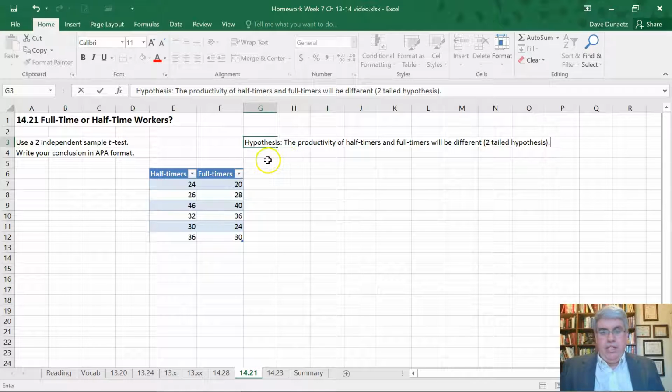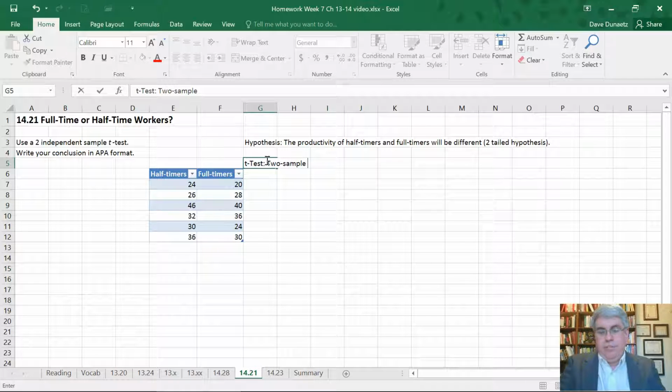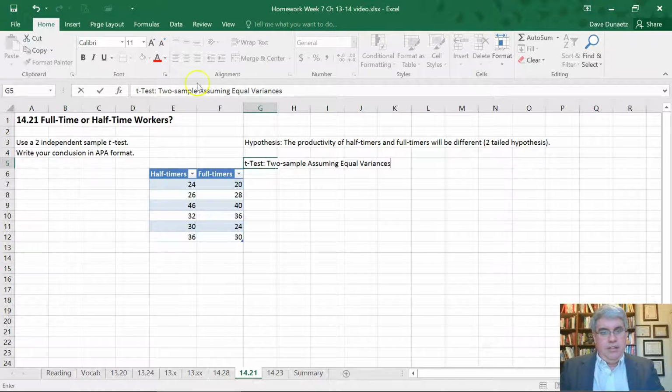And the test that we're going to use is going to be a t-test, because we want to compare the averages between two means, two sample or independent sample, assuming equal variances.